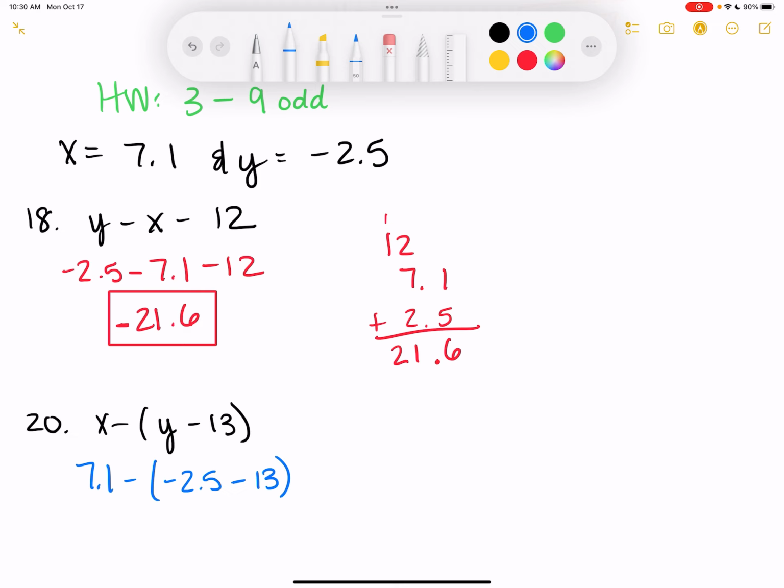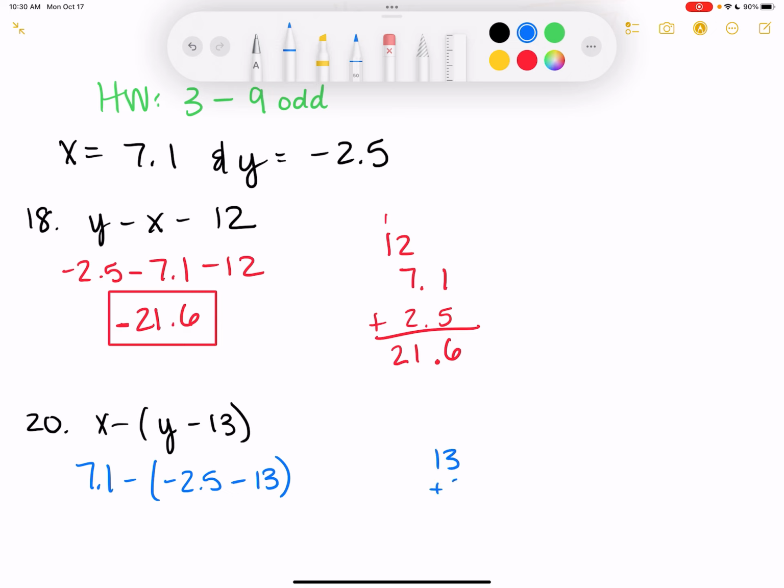So PEMDAS says we need to do what first? This up in parentheses. Same sign, so what do I do? You can ignore this part. Would you add? Yep, and then what's the sign going to be on the answer? Negative. Yep.